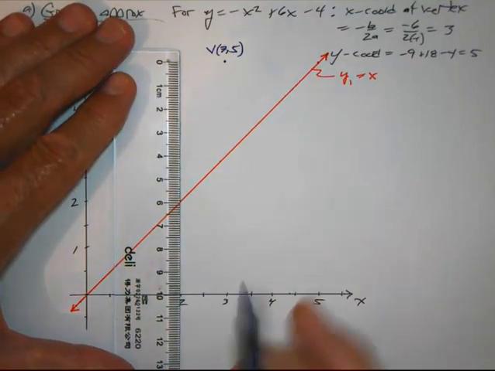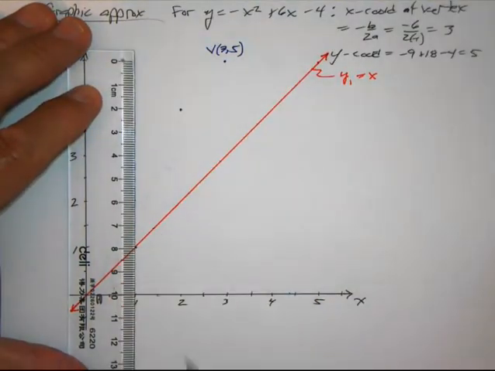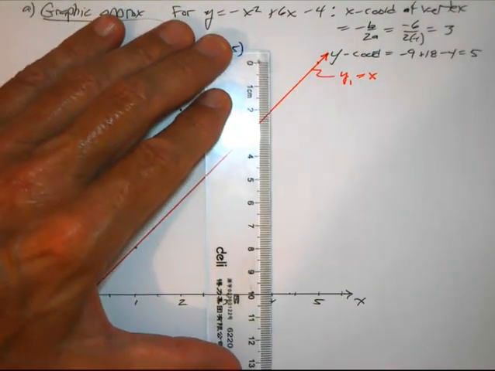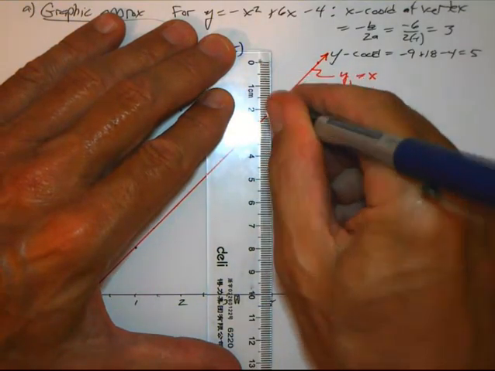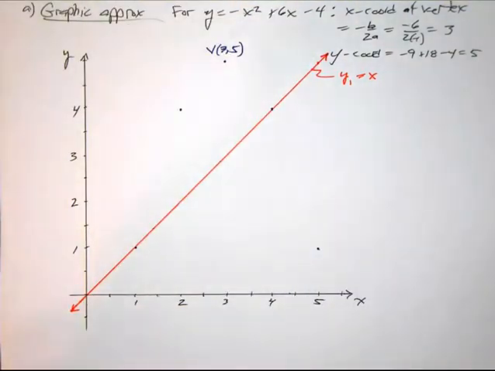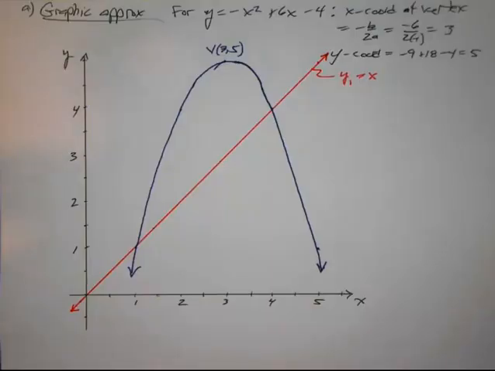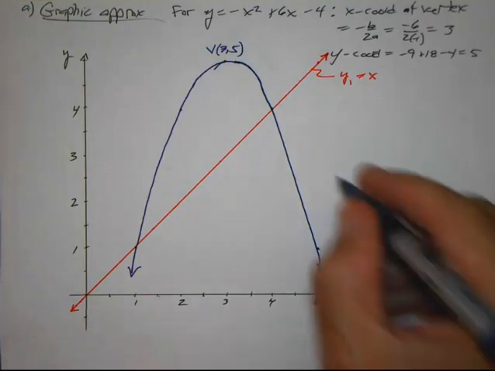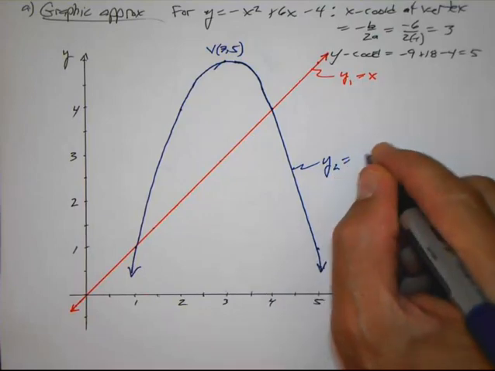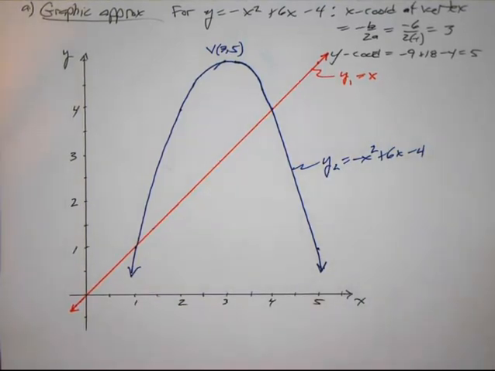So here we are, left 1, down 1, left 2, down 4, and right 1, down 1, right 2, down 4. Sketching that parabola, about like so. Label this y sub 2 equal to negative x squared plus 6x minus 4.